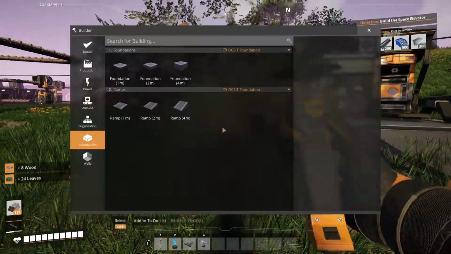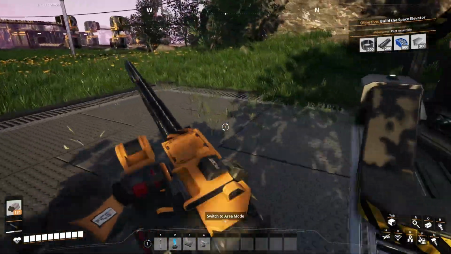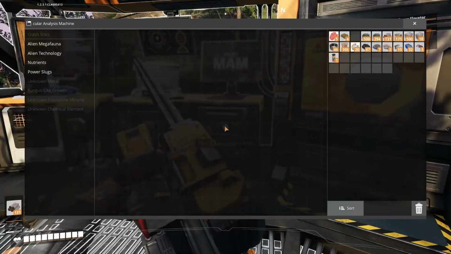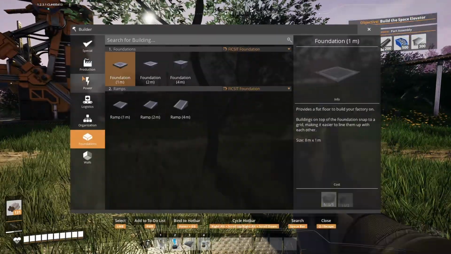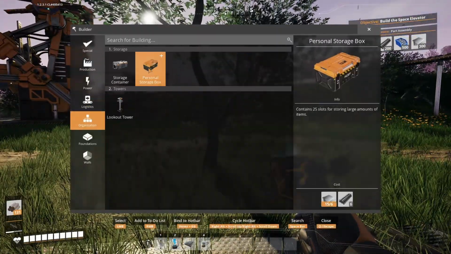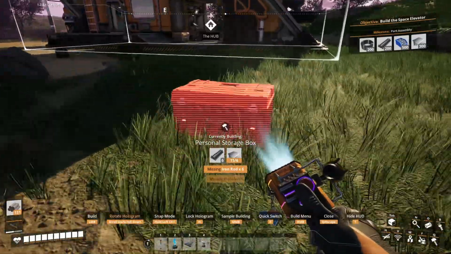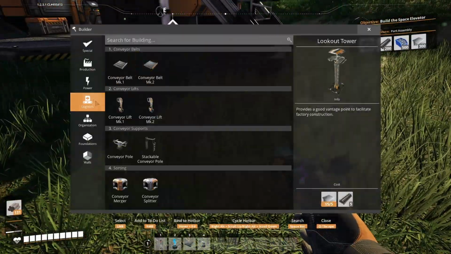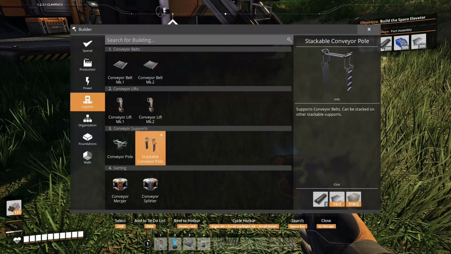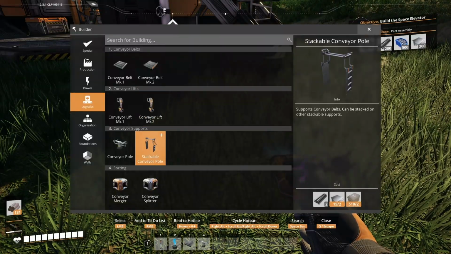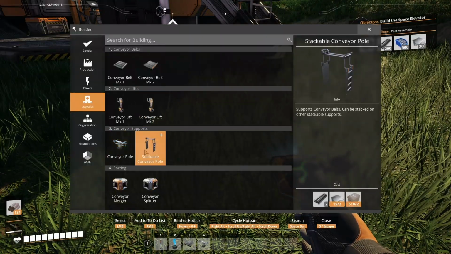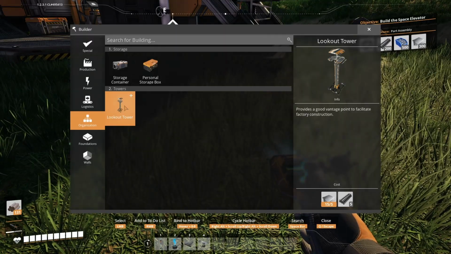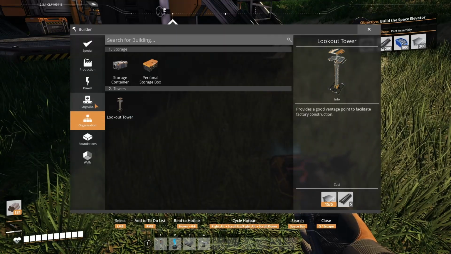You are in the way. Whoops. Nice. Oh, and I can make storage now. I need iron rods. It's fine. I don't quite need that yet. Do I need a lookout tower? Not right now.